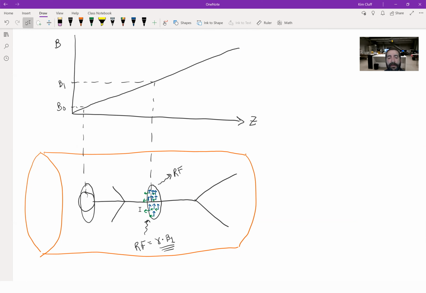But by far, MRI is sometimes called hydrogen imaging. Okay, by far we're imaging the hydrogen in the body, which works out well because the body's made up of a lot of water, and it has a lot of hydrogen atoms in it.